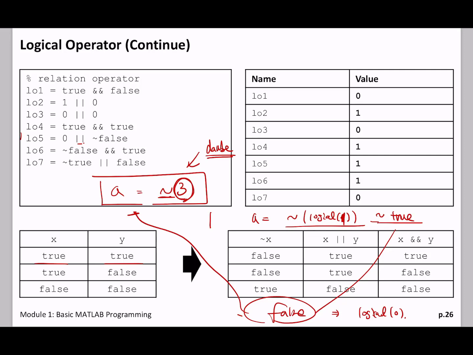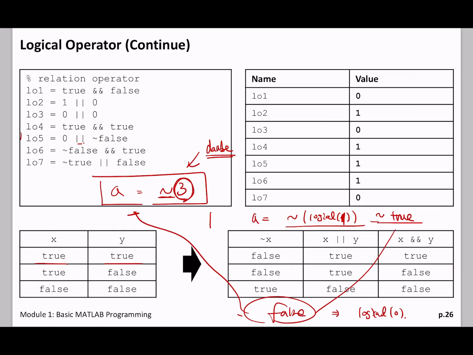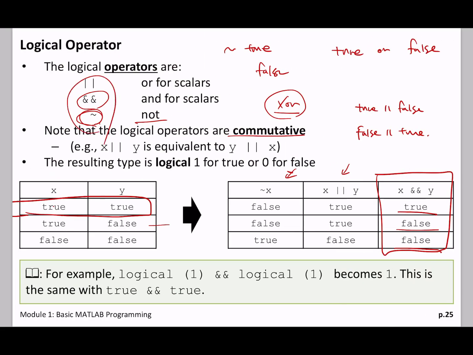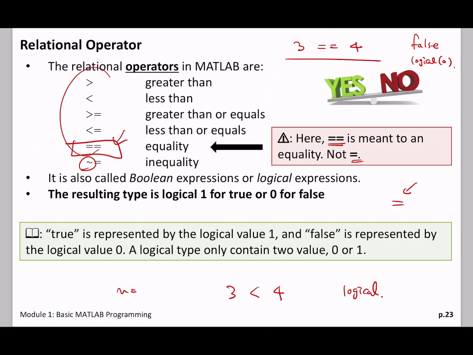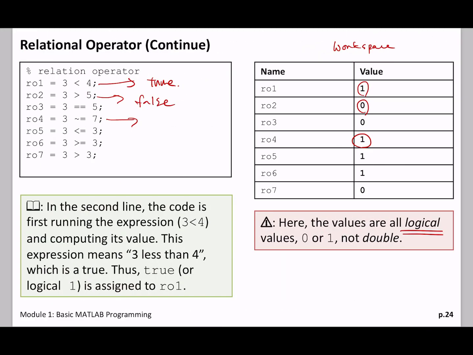Good. Okay. Another challenging topic is general operator precedence. Again, this one is an operator, this one is an operator, this plus, minus, product are all operators.